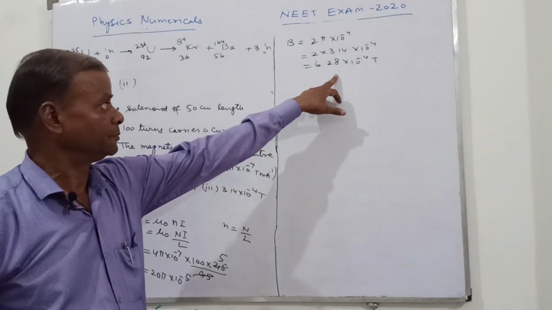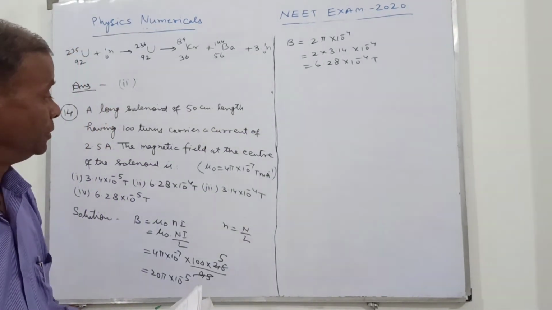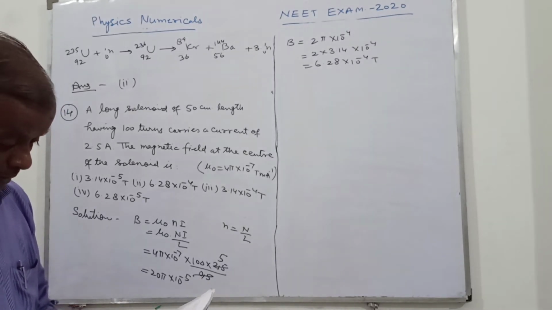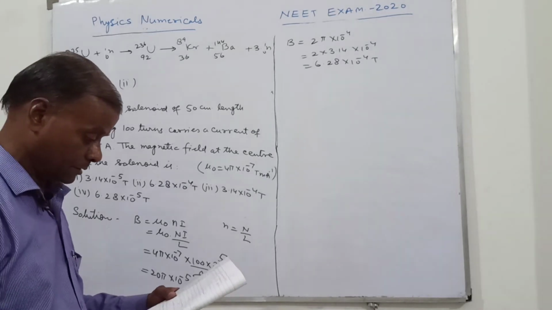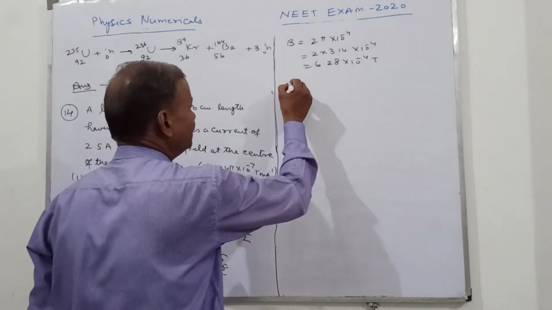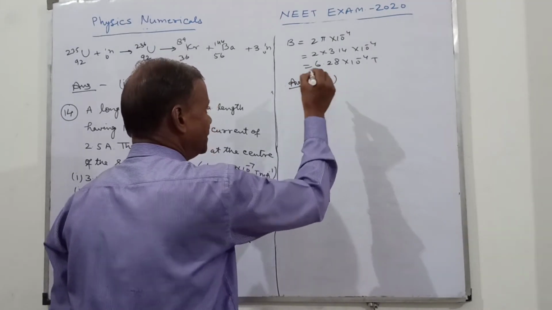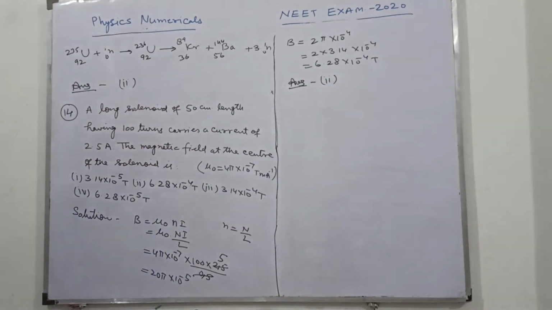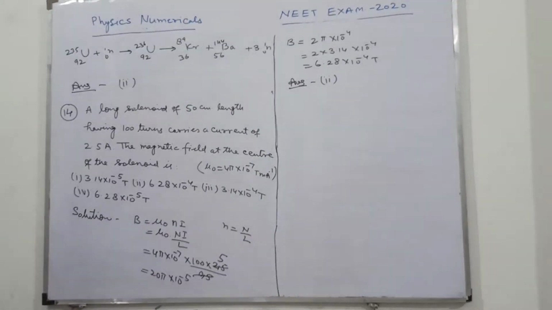So we have to change our answer according to the given options. So this is the right answer. The second option is the correct one. So just you apply the formula, but remember how to do it.